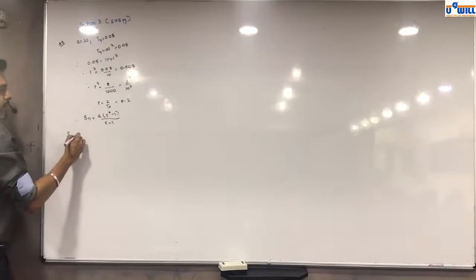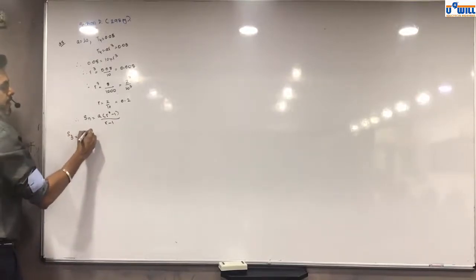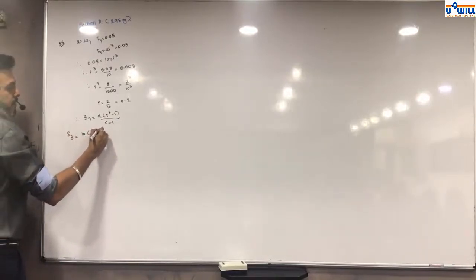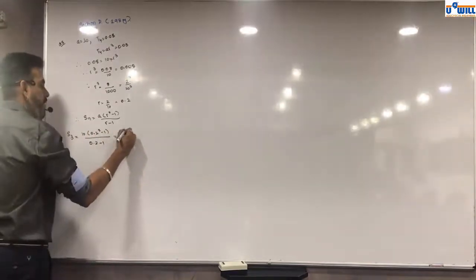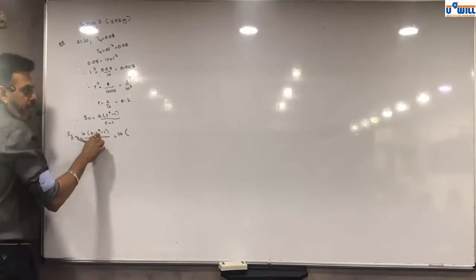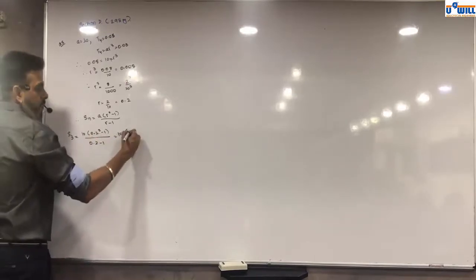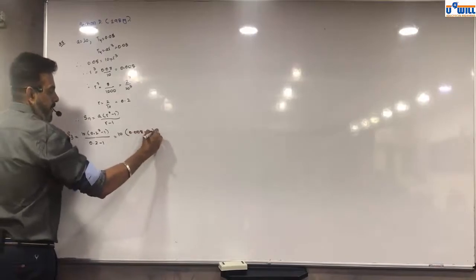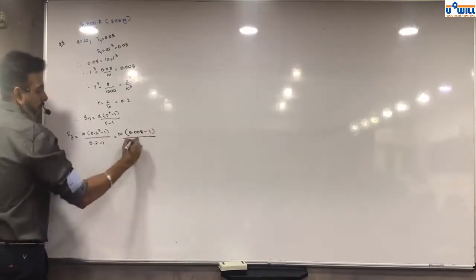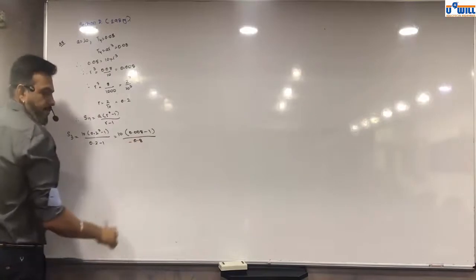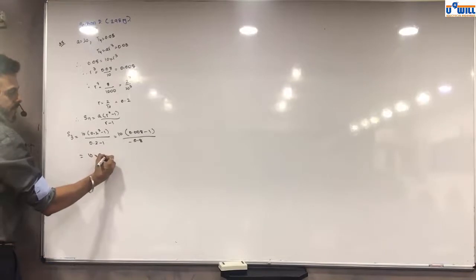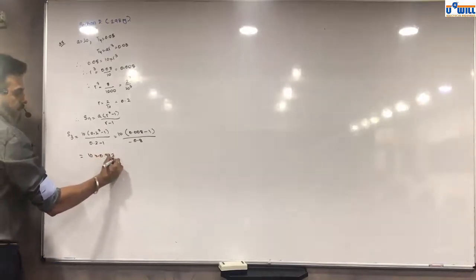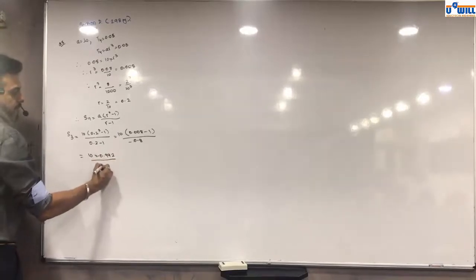So S3 is equal to 10 into 0.2 raised to 3 minus 1 upon 0.2 minus 1. 10 into 0.008 minus 1 upon 0.2 minus 1 is 0.8 negative, which is equal to 10 into minus 0.992 upon minus 0.8.